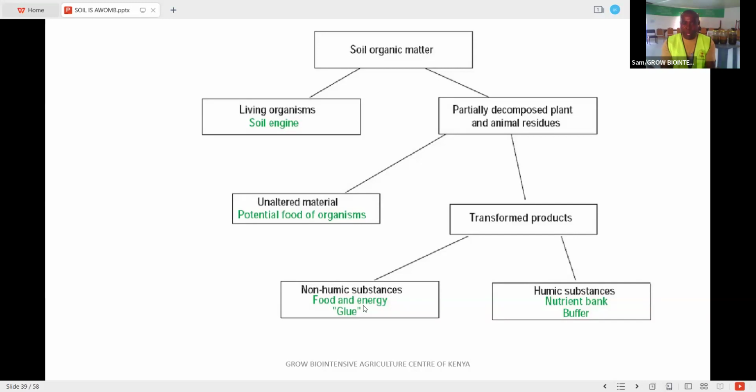So when the roots are there in the soil and it's surrounded by organic matter, and the organic matter has held the nutrients, then the roots are able to take up those nutrients in two ways. One way is by adsorption, to adsorb. To adsorb means that the nutrients are holding on the roots. They don't go inside, but they hold on the roots. So that is number one.